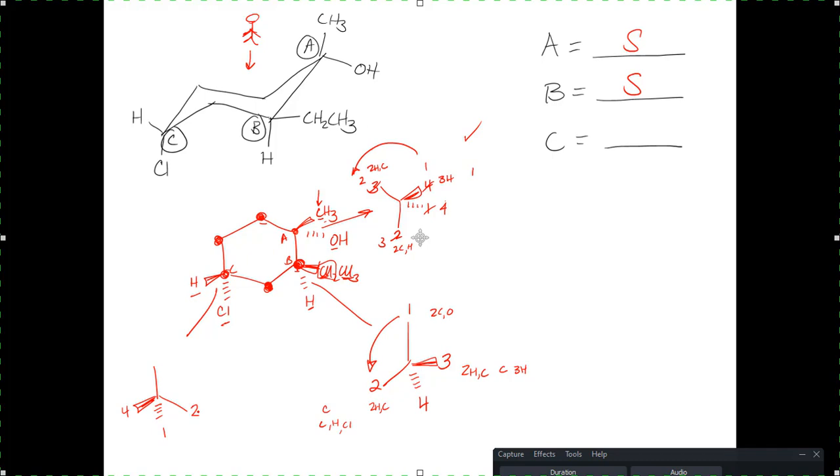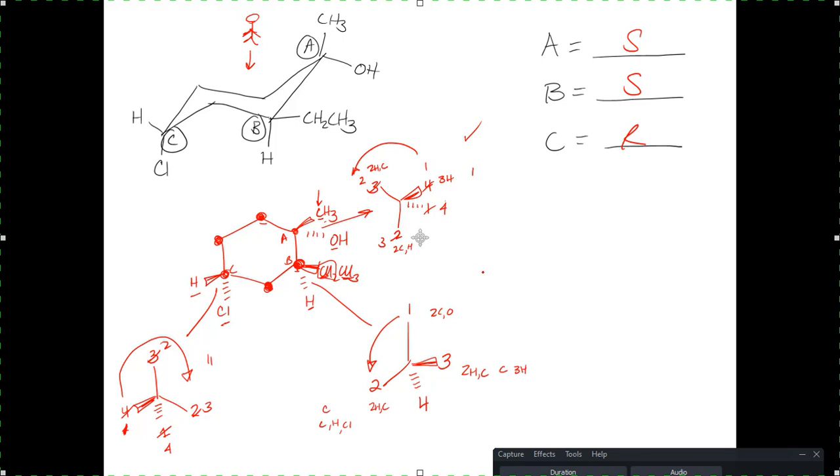So this would be group number 2. This would be group number 3. Is 4 pointing away from me? No. So I need to switch 1 and 4 and then 2 and 3. So I have my 2 switches. Now going from 1 to 2 to 3 is what? Clockwise. So C is R.